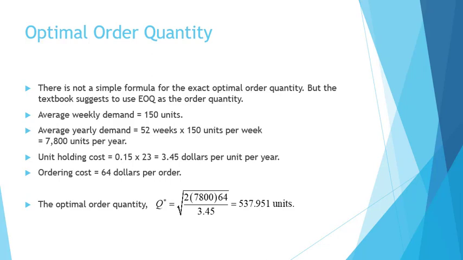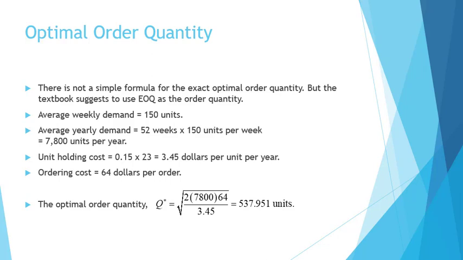Unit holding cost will be 15% of the unit purchase cost. So 15% of $23 is $3.45 per unit per year. The ordering cost per order is $64.